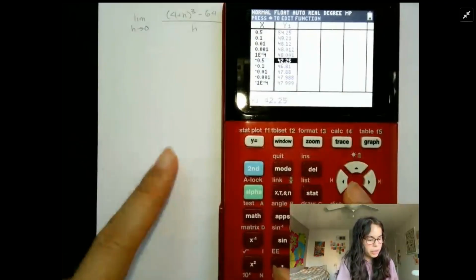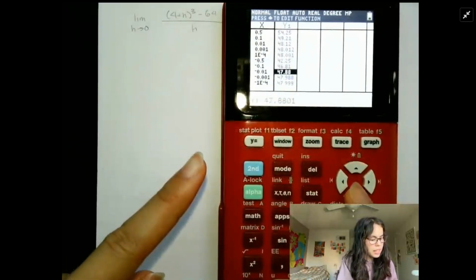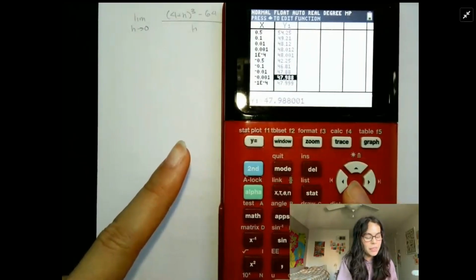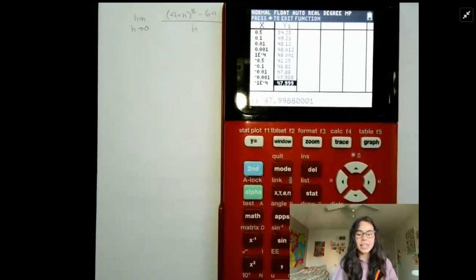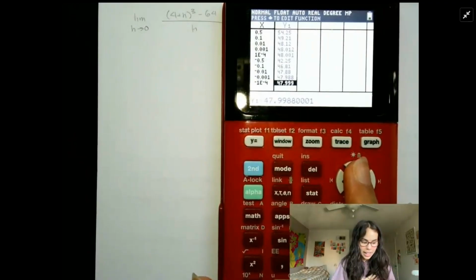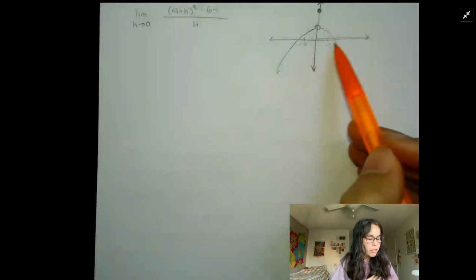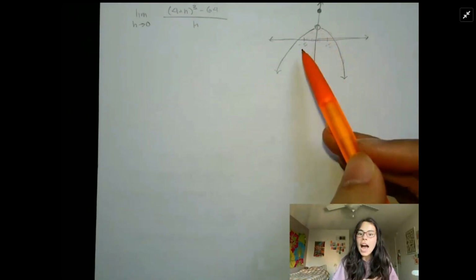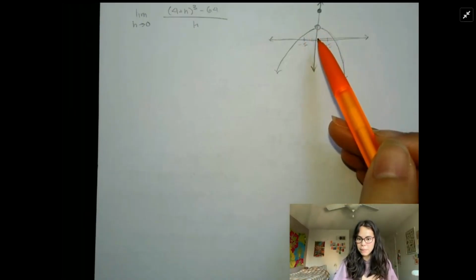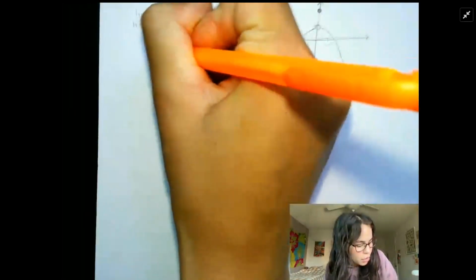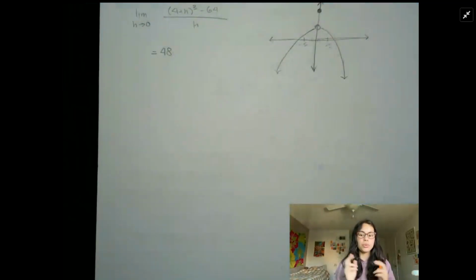It looks like we start with 42 something, 46 something, 47.88, 47.99, 47.9999. That's really close to 48. So it looks like the value that our function approaches from this side is 48, and from this side is also 48. So our guess here is that this limit is equal to 48, just from being able to read the values of the function surrounding the point that we want to find.